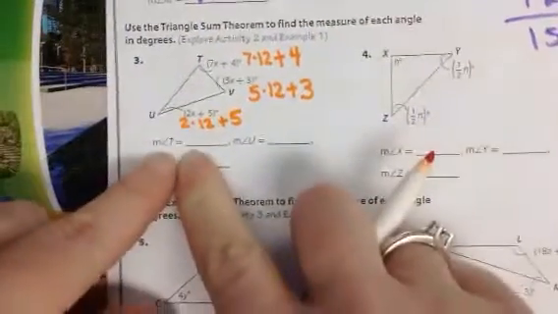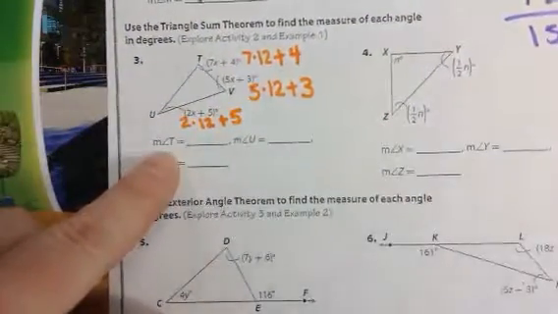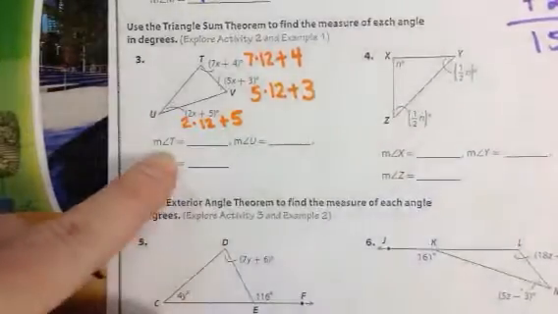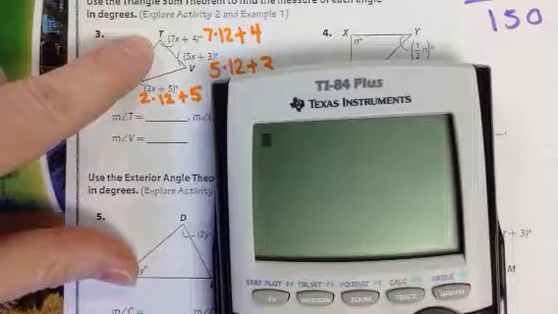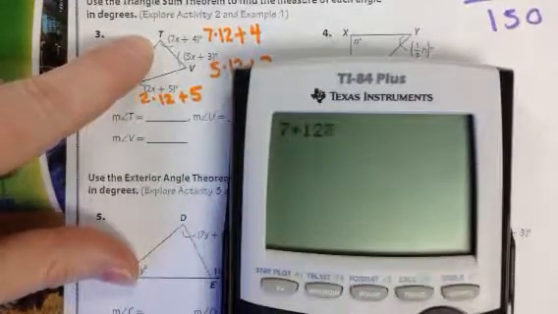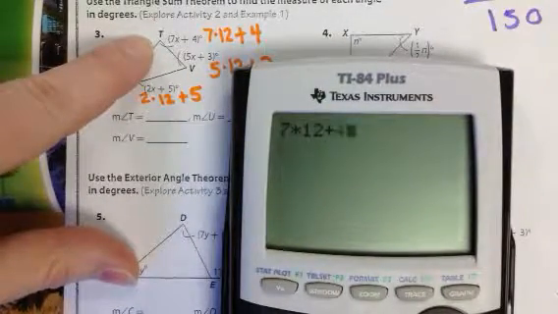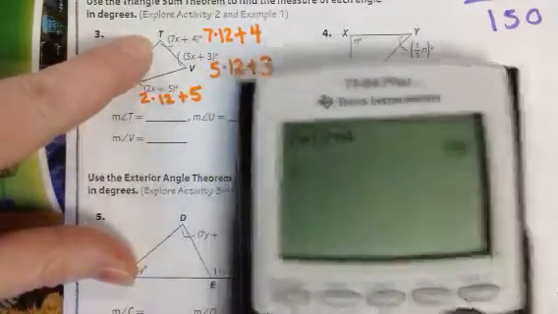Okay, so the first one that they wanted was angle T. That's the top one. 7 times 12 plus 4 is 88.